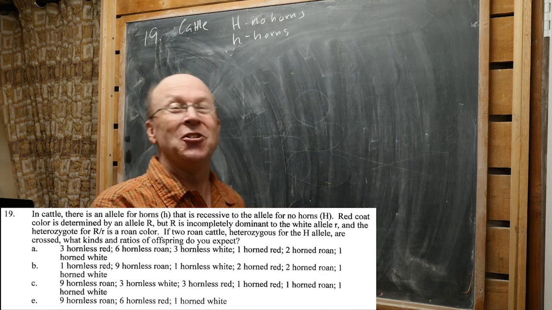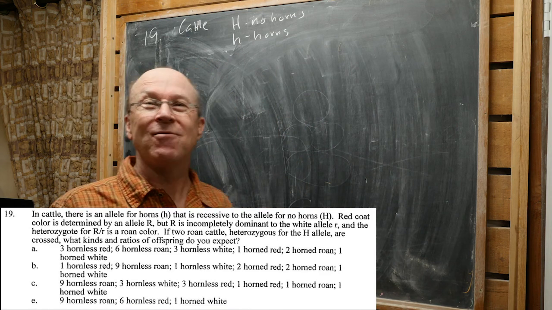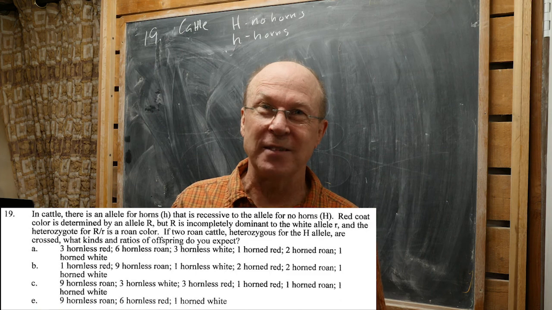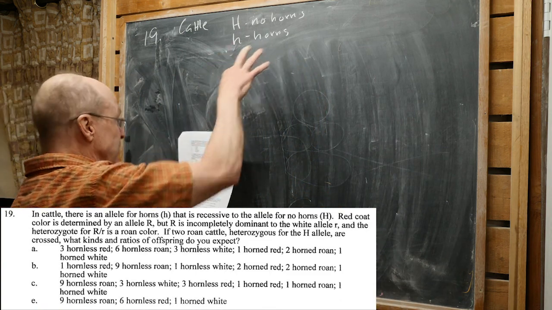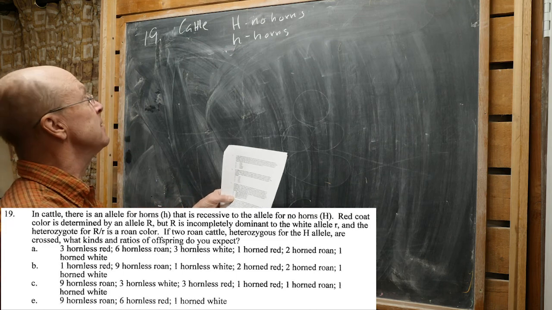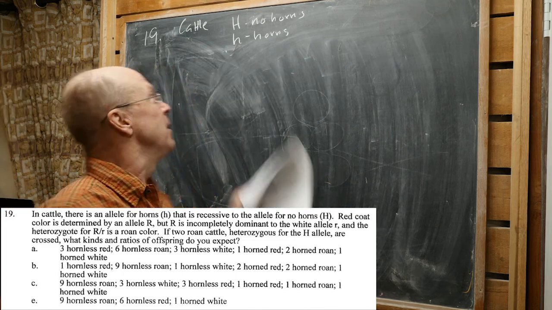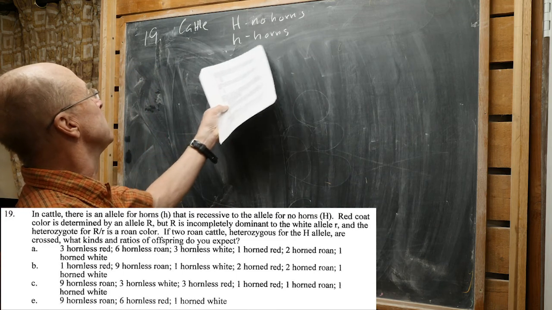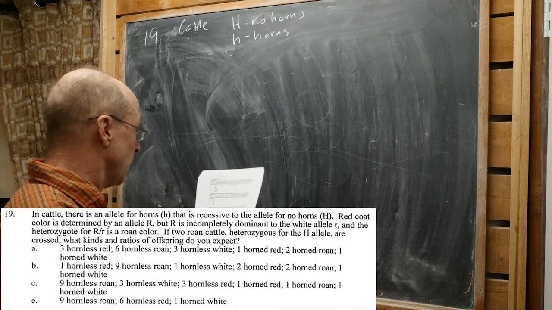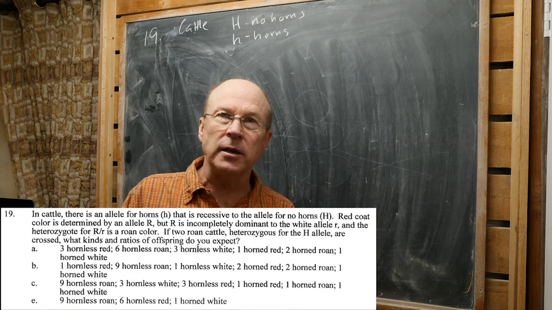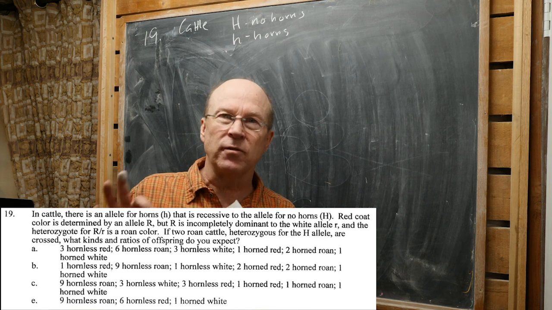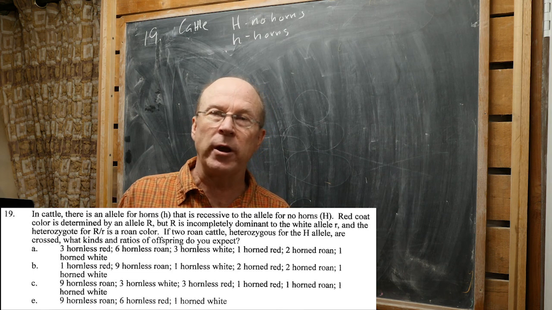In this case, no. The only way to have horns is to be homozygous recessive, as you would predict. So we already know that it's recessive. That is the first sentence, all right there. Cattle, this means no horns, this means horns. It's just great to take these sentences and put them into the symbolic language of inheritance problems. That's what I'm trying to train you to do.